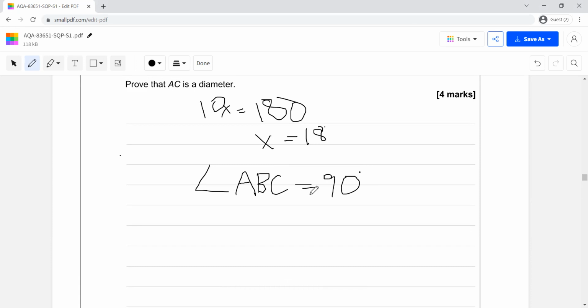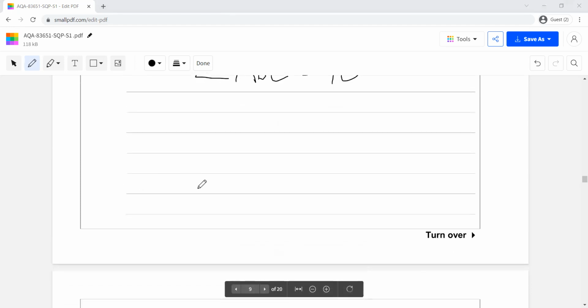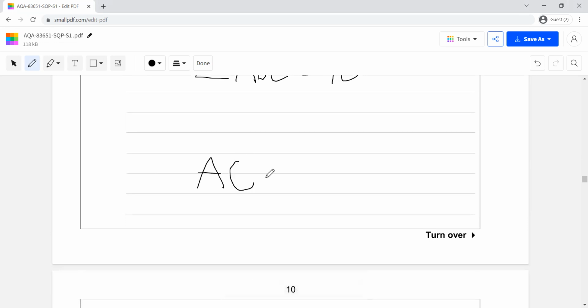And since angle ABC is 90 degrees, we can say therefore that AC is the diameter. This may not be very clear, so I'm sorry. But this is how you prove that AC is the diameter.